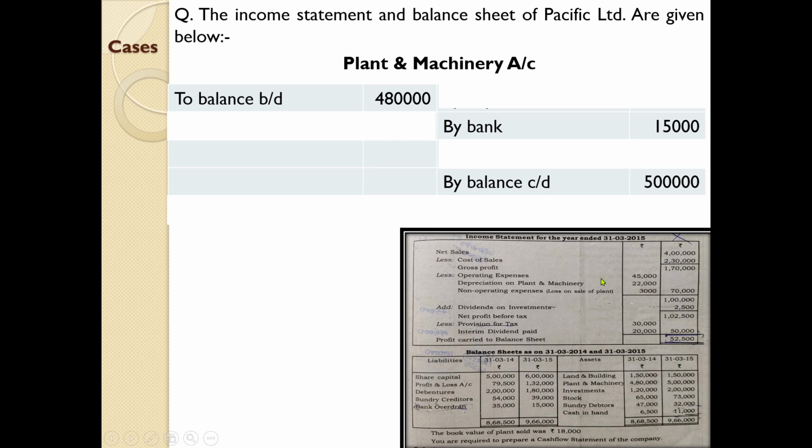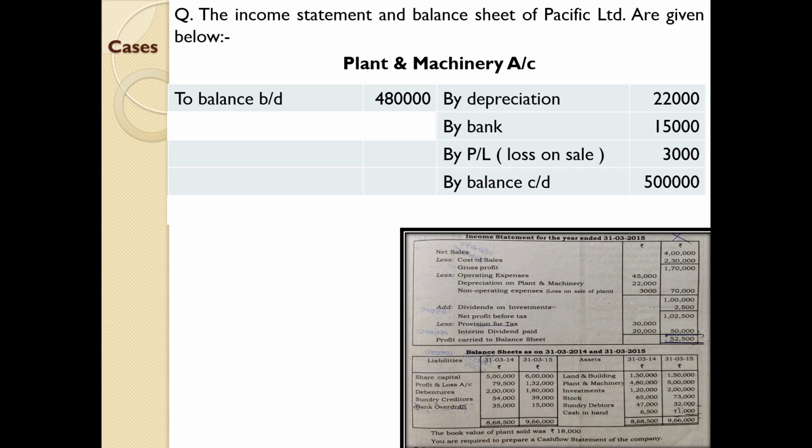So it means the asset was sold for 15,000. Then only you can say that it was sold at a loss of rupees 3,000. That is the concern. So the cash from that particular sale was rupees 15,000, though naturally the loss from the sale of that asset was 3,000.